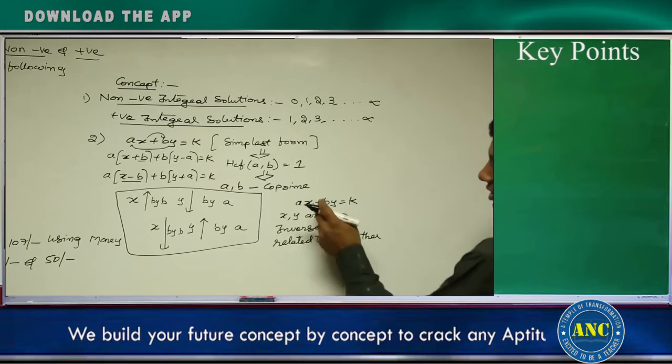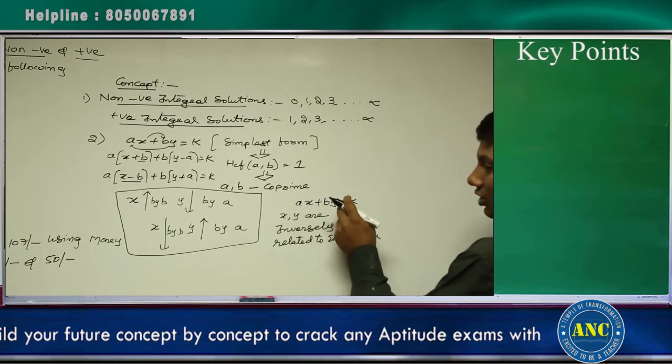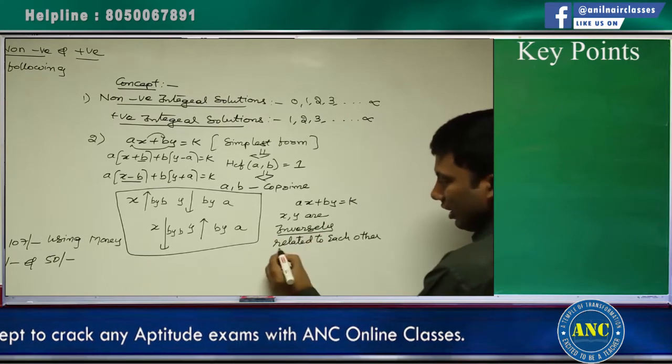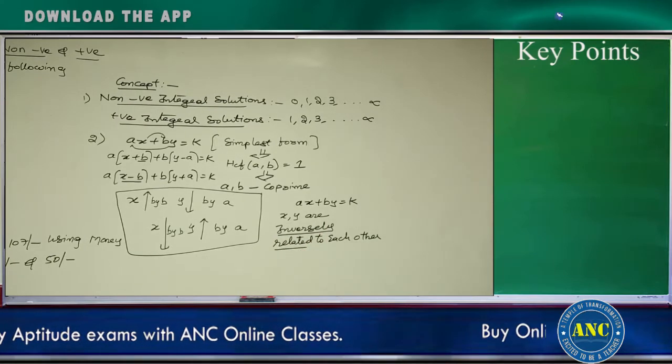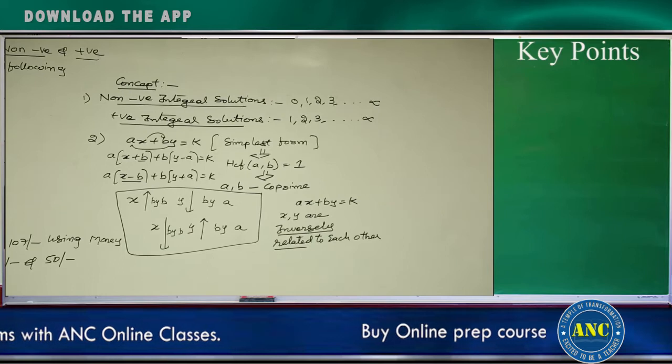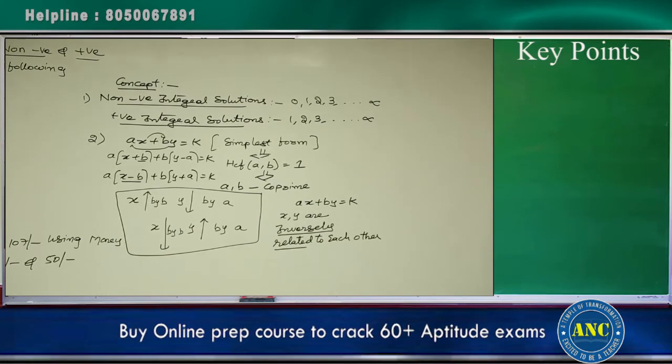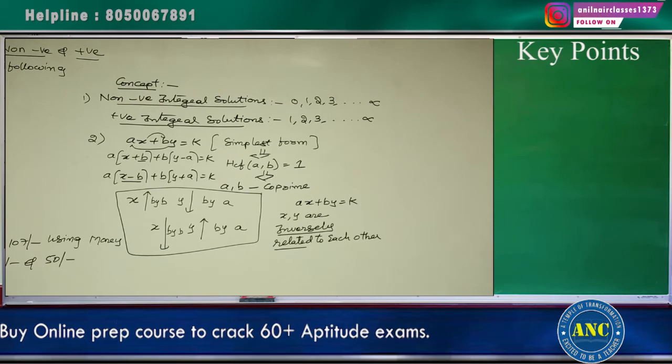Inversely proportional would mean if x increases by b, y should also decrease by b. The values are different, therefore they are inversely related to each other.